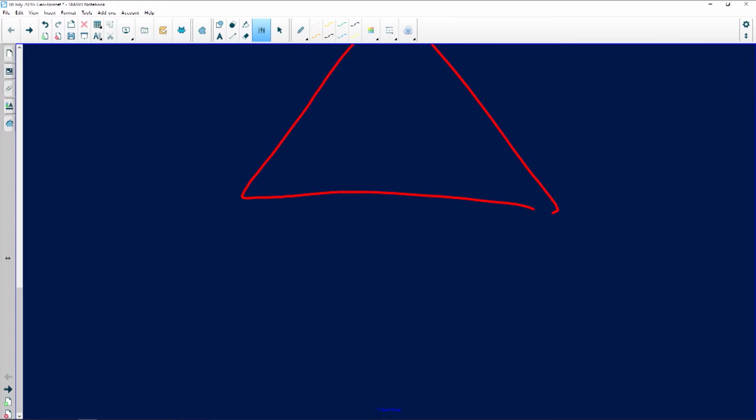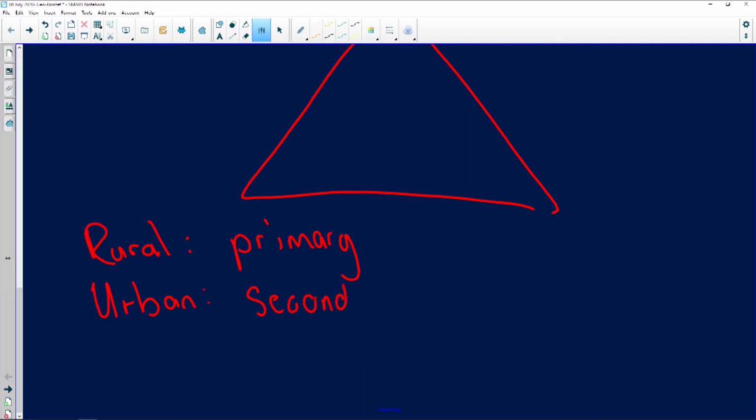Now, how do we classify the difference between a rural settlement and an urban settlement? I'm just going to make some notes at the bottom of our page over here. We classify rural settlements as where primary activities take place. Urban settlements are usually where secondary plus tertiary activities take place.